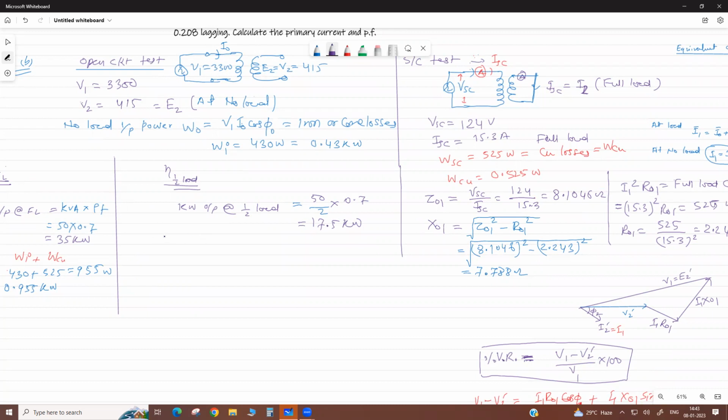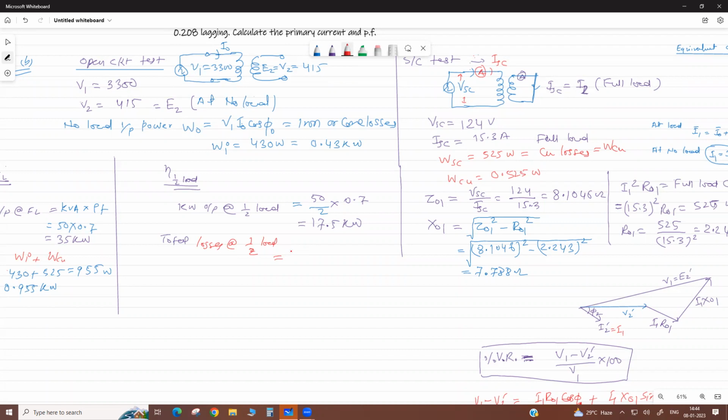Same here. What are the total losses at half load? At half load, your copper loss will change. That is, at half load, it becomes 1/4, the square of the load ratio.